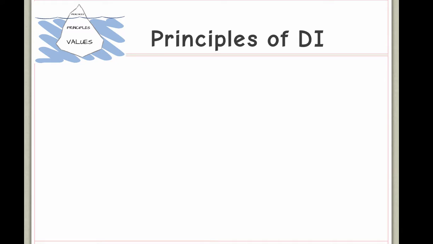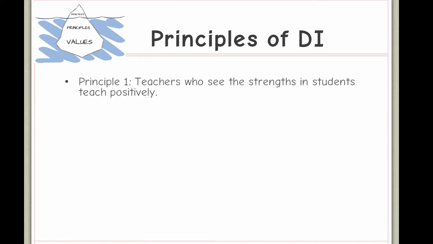So there are certain principles that define what differentiation is. Principle number one is teachers who see the strengths in students teach positively. I think we've emphasized the idea of a positive classroom community, and it's not just that you're doing it because you have to.